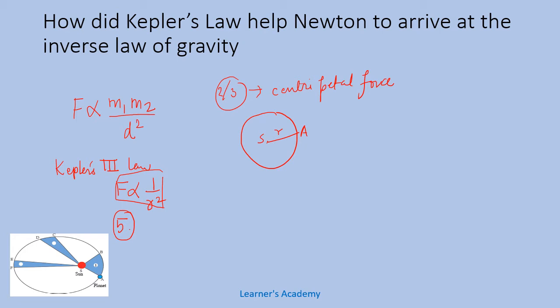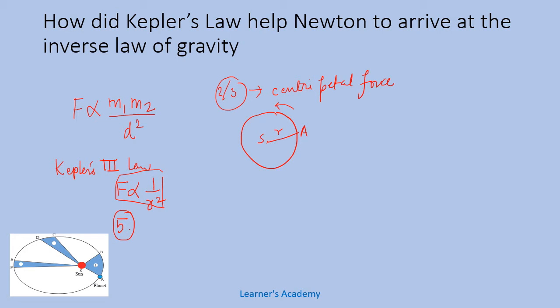This is the force which helps the planet to move in a circular motion, and this force must be inversely proportional to the square of the distance between planet and the sun. So this centripetal force is inversely dependent on the square of the distance.